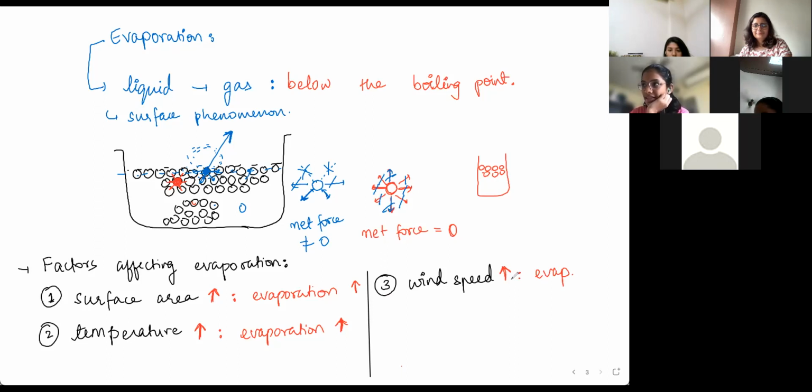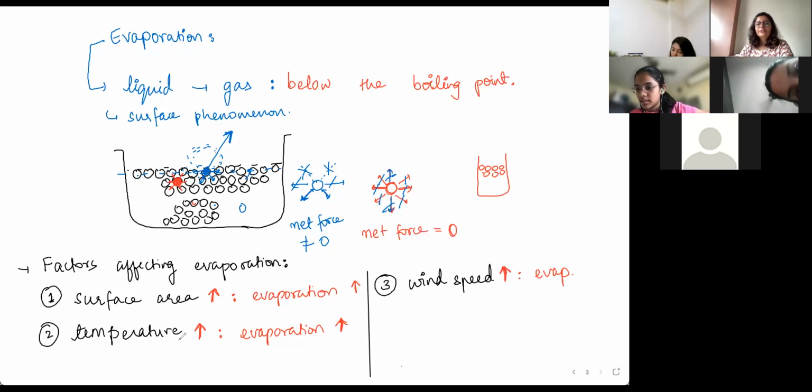Because it somehow affects the temperature. But I'm not really sure, but I feel the evaporation rate would be lower. If wind speed is high, it would affect the temperature, right? So maybe that's why. But here we are not considering temperature at all.